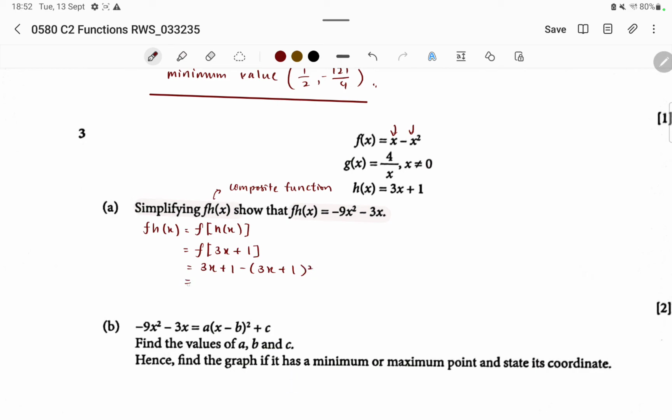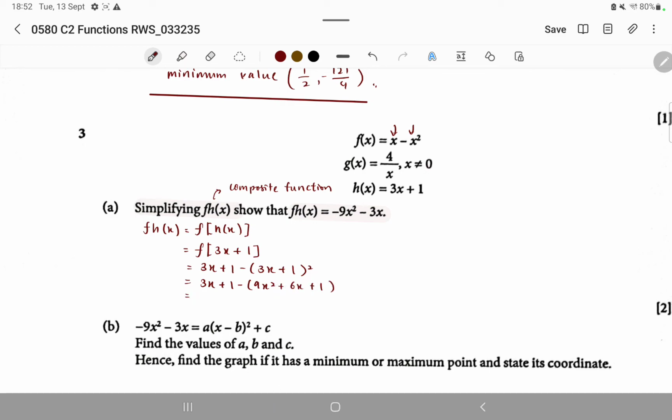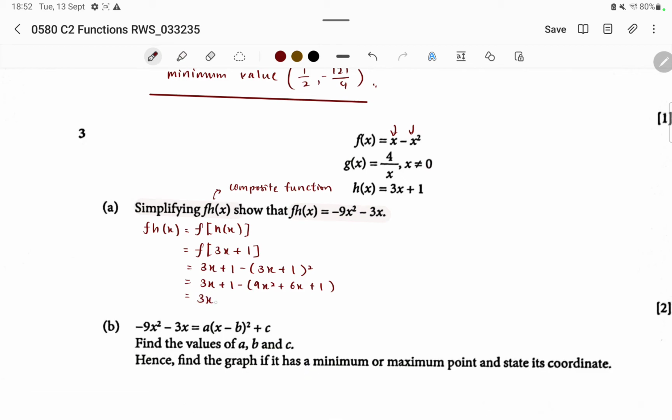Okay, to simplify this, open up the bracket first. Remove the square first. So 9x squared plus 6x plus 1. Okay, and then remove the bracket. 3x plus 1 minus 9x squared minus 6x minus 1.